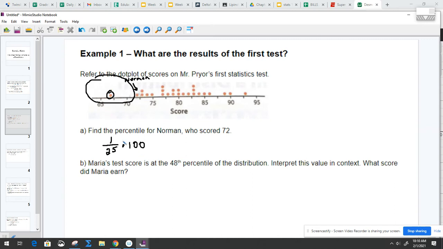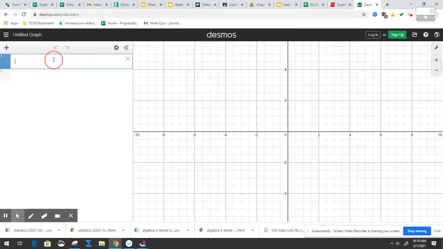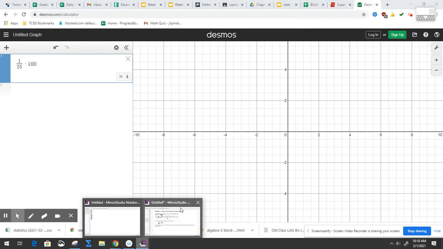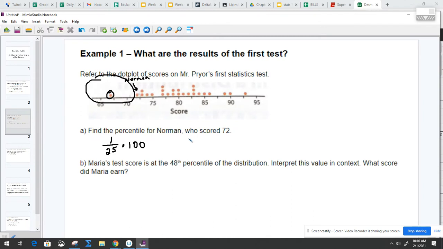So what I do here is take 1 over 25 and multiply that by 100. So we can go into Desmos, 1 over 25. We can multiply that by 100, so times 100, and that's going to give us 4. Okay, so we are at the 4th percentile.